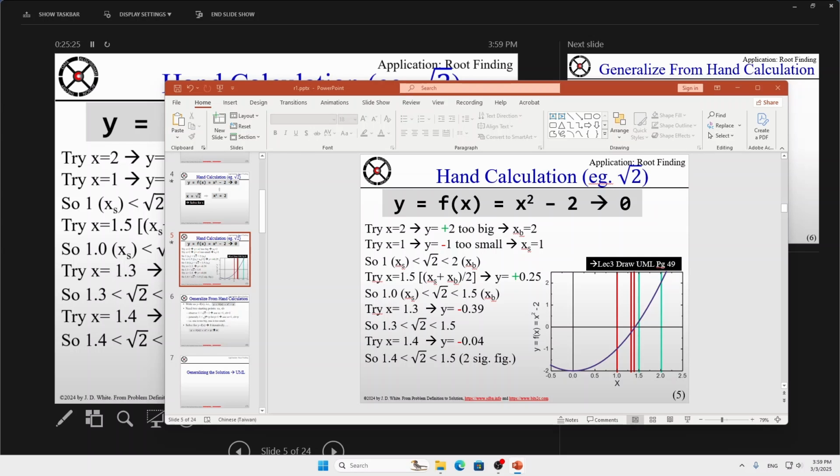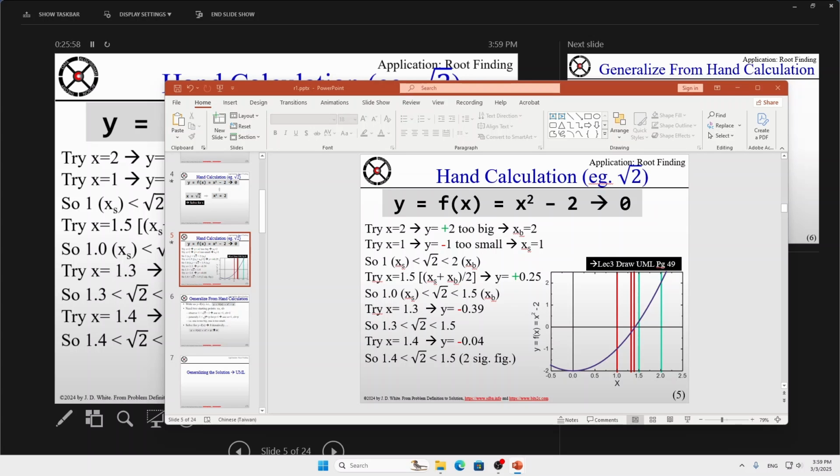So we basically input xs, a number that's too small, and an xb, a number that's too big. That was our first step, inputting these. So we know the square root is somewhere between xs and xb.